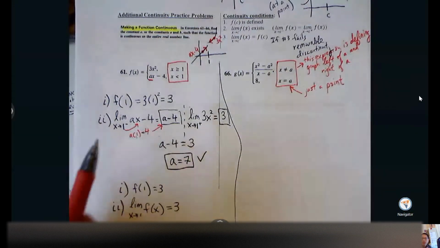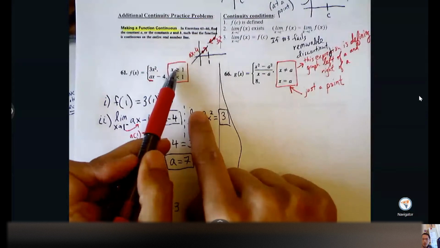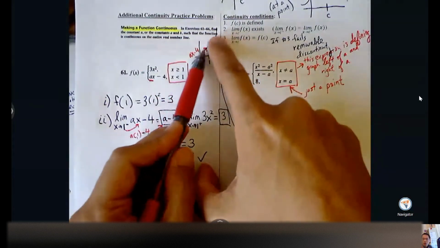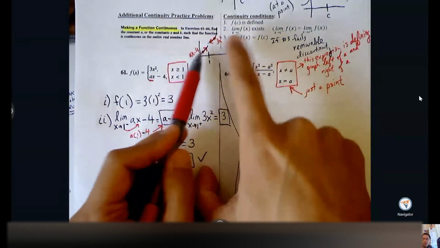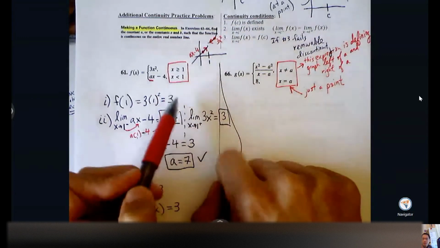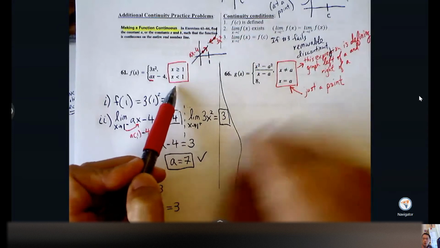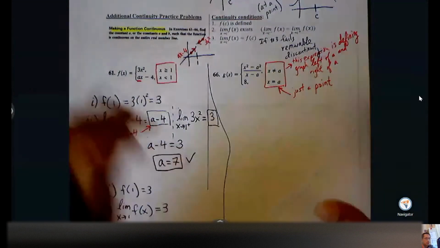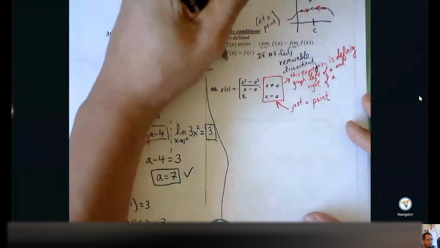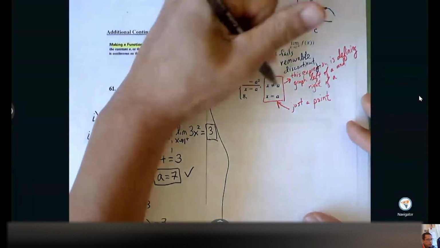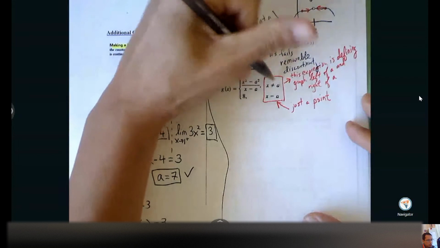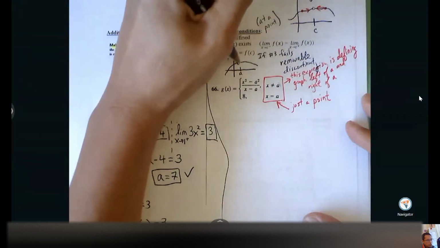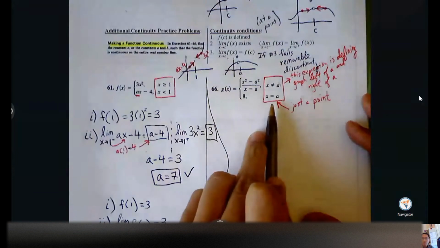So here's the big picture. When you see greater than and less than, you're basically wondering whether your two branches are going to connect at this specific point. When you see x doesn't equal a and x equals a, that's showing you that there is a hole in the graph. And the question is, is that hole going to get filled in by this point?